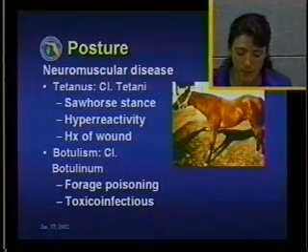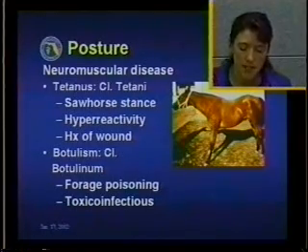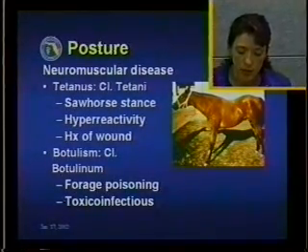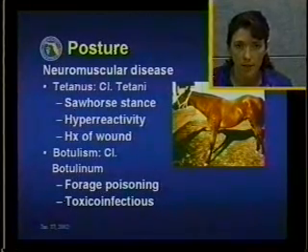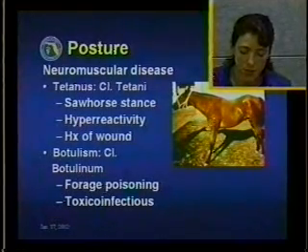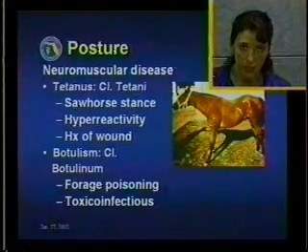Tetanus is caused by the presence of Clostridium tetani, which releases a toxin that will locate itself at the neuromuscular junction. The extensor muscles seem to be affected more so than any other group of muscles within the body, which results in this sawhorse stance where the horses have a very rigid appearance.